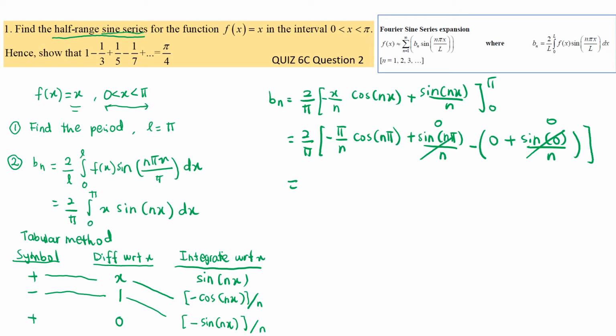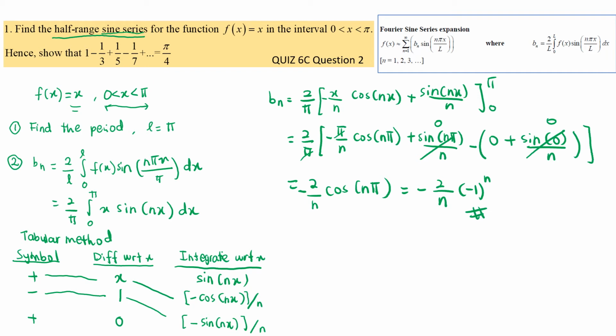So this becomes negative 2 over n cos of n pi, or we can rewrite this as negative 2 over n times negative 1 to the power of n.